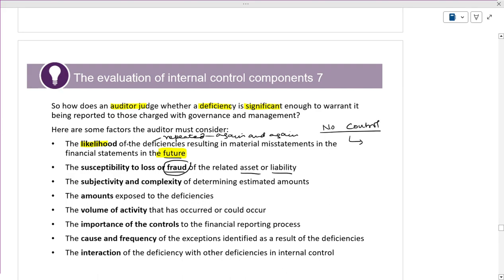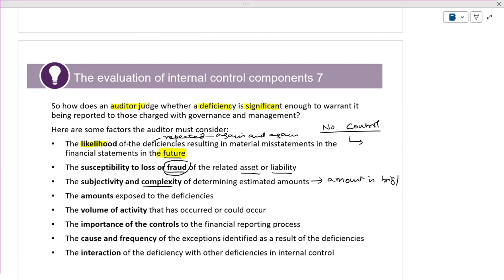The subjectivity and complexity of determining material misstatements. That means the amount is big, the transactions are more complex, and it is only a judgment. Then we should say it is significant.